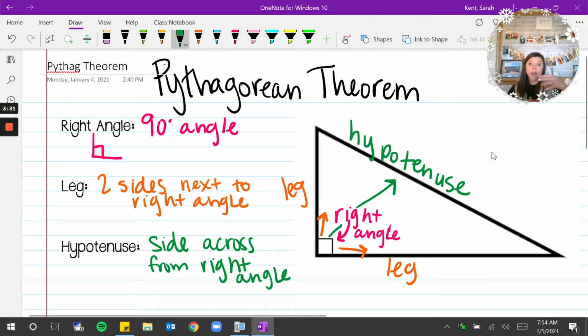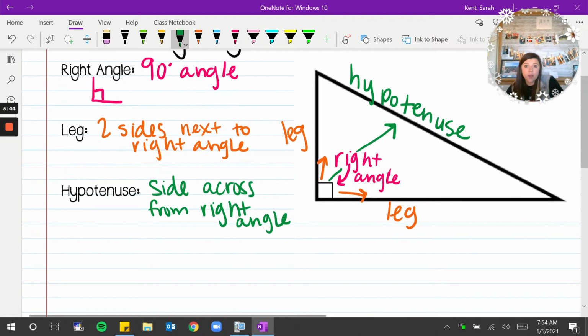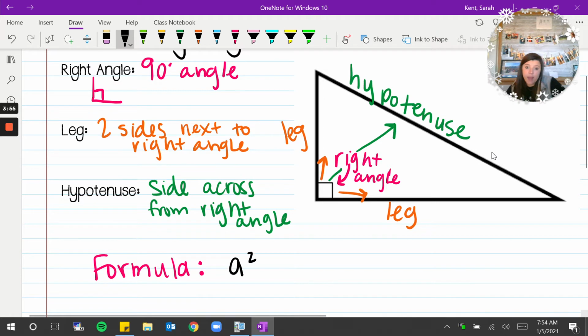So how the Pythagorean theorem works is you're given two side lengths and we're looking for side number 3. These sides are going to have some letters that go with them. For our formula for the Pythagorean theorem, we'll use this every single time. It's the formula a squared plus b squared equals c squared.